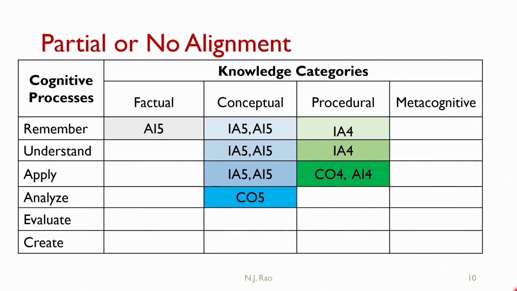For example, there should be some AI5 with respect to CO5. As we said, in the CO4 case, 100% of assessment items are in cell 3 3, whereas here the AI5 is totally absent in the cell 4 2.